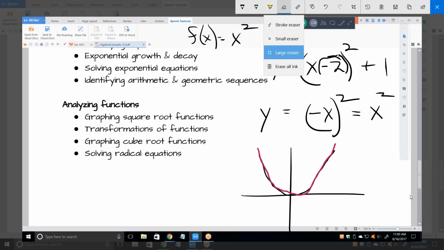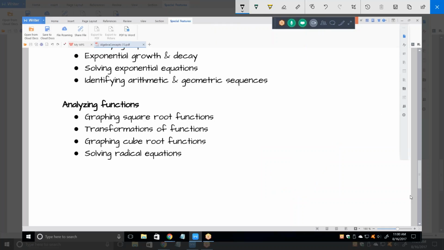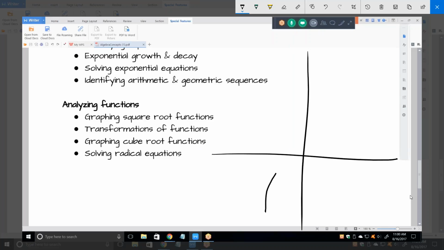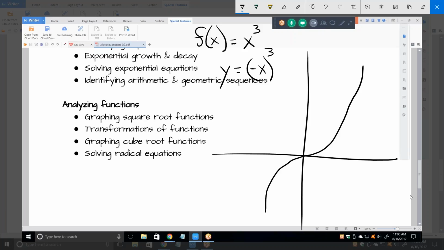If we're talking about the cubic function, it looks like this and would be defined as f of x equals x cubed. Now I've got y equals minus x in parentheses cubed. What does that minus sign do?